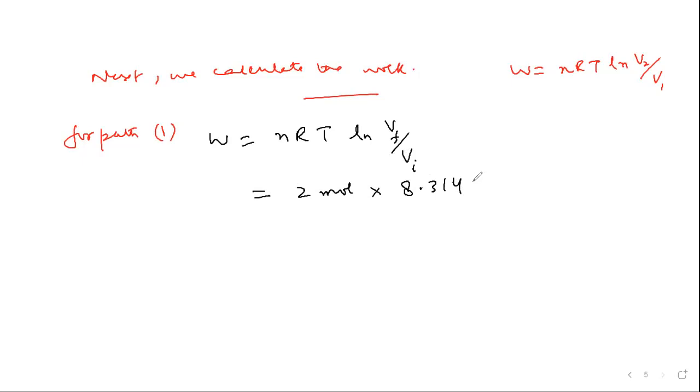So I will express R in joule per mole per Kelvin, which is 8.314 joule per mole per Kelvin, right? 2 mole times 8.314 joule per mole per Kelvin times the value of temperature, which is 677 Kelvin, times natural logarithm of Vf, which is 25 liters, divided by initial volume, which is 4.5 liters.